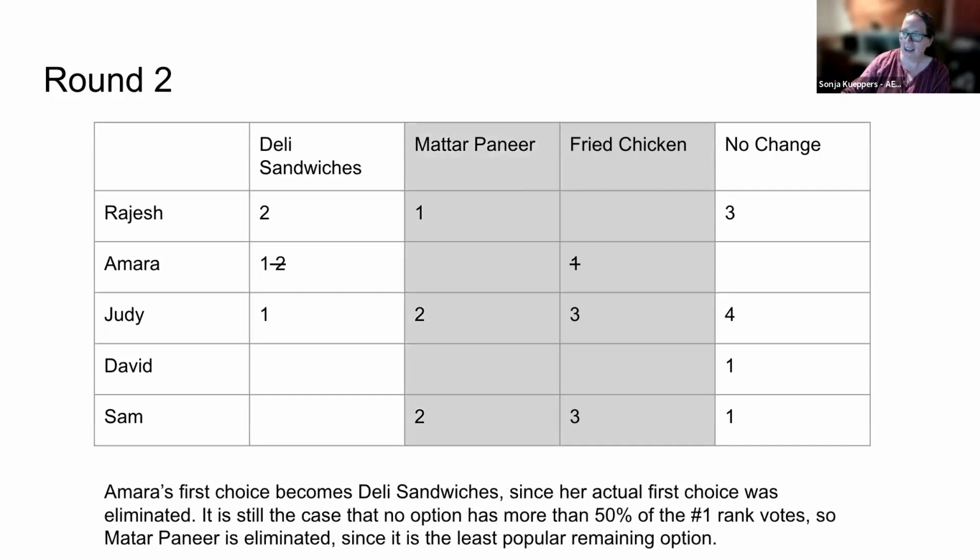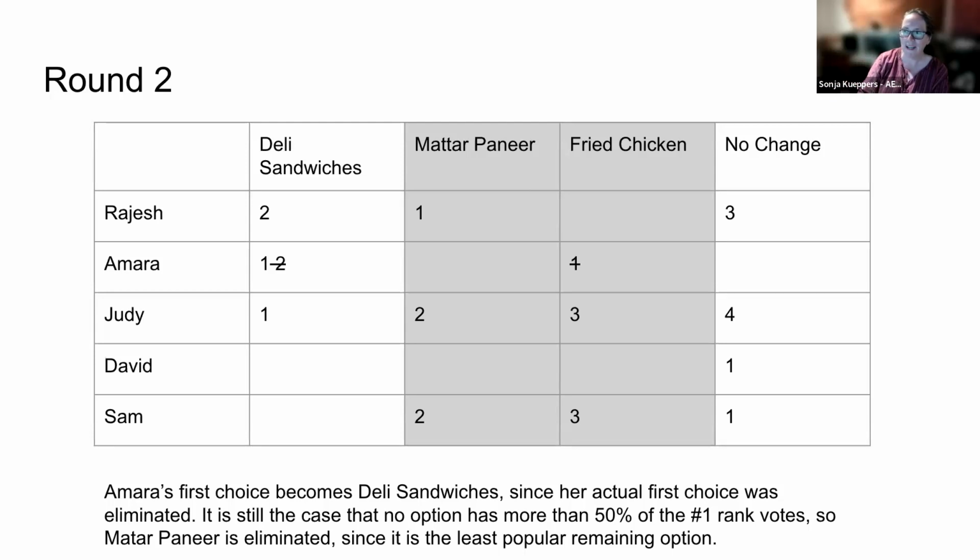What happens next is that Amara had fried chicken as her first choice. Her first choice gets moved over to deli sandwiches because that's her second choice. And since fried chicken got eliminated, her second choice becomes her first choice.